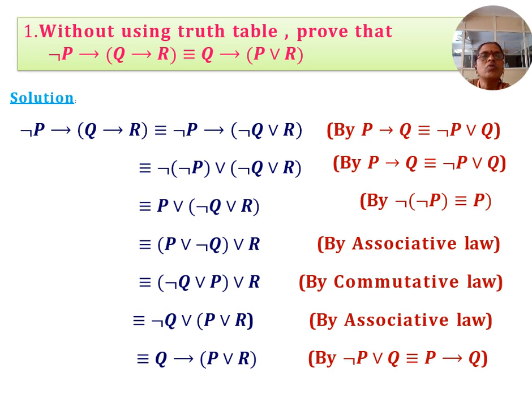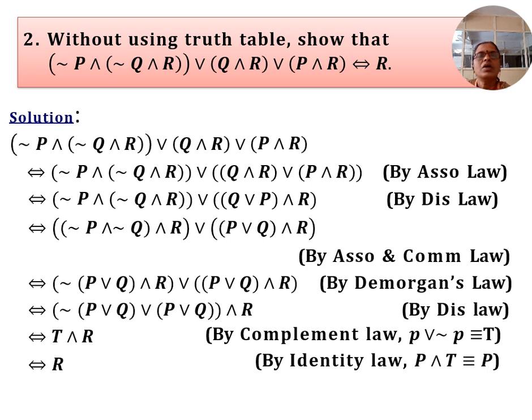Therefore, both given propositions are equivalent. So without using a truth table, we can prove that the given two compound propositions are equivalent. We can also verify whether two propositions are equivalent or not. Second example in a similar way.